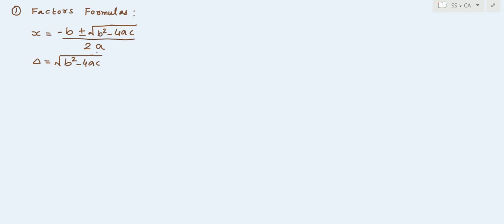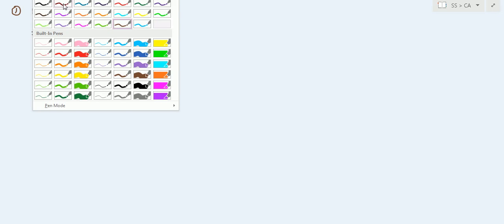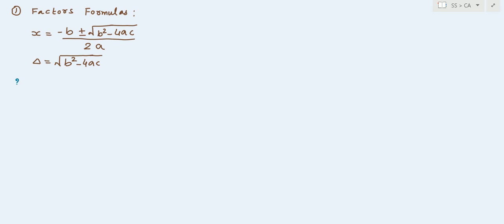Okay, now second point, nature of roots, and it is the most important point of this chapter. Okay, first thing, if delta is greater than or equal to 0, the roots are real. In short, we are writing real roots.